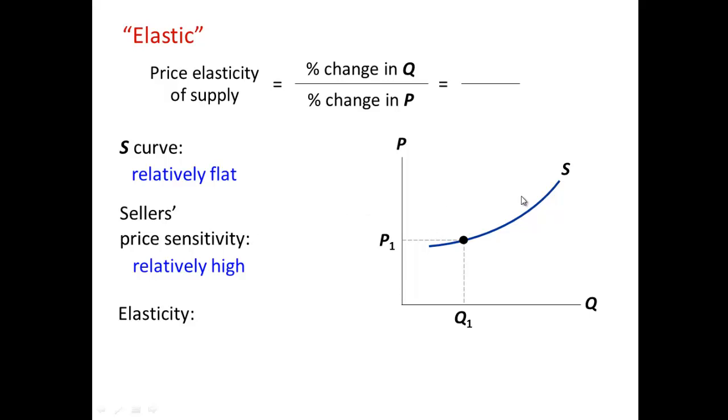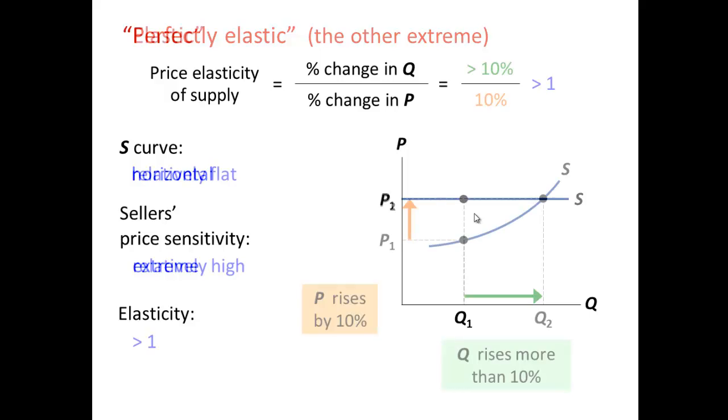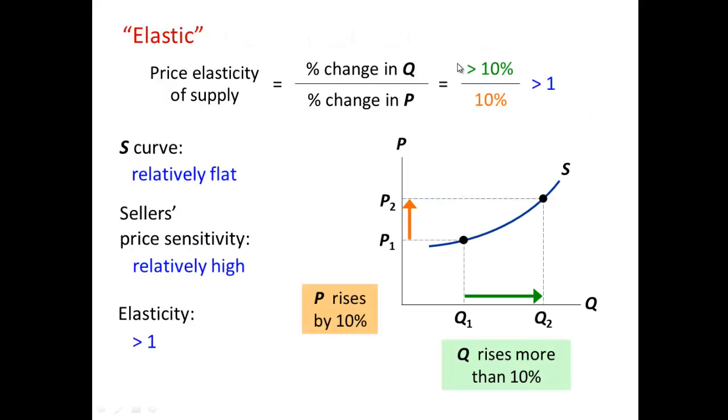Then we move to elastic. Remember, inelastic was steep. Now we're noticing that the supply curve is becoming a little flatter. And what we will find is that a change in the quantity is greater than the change in price. So that means our ratio is going to be greater than 1.